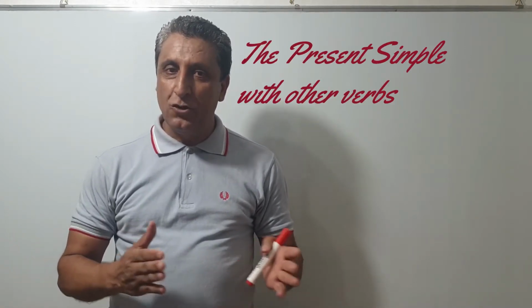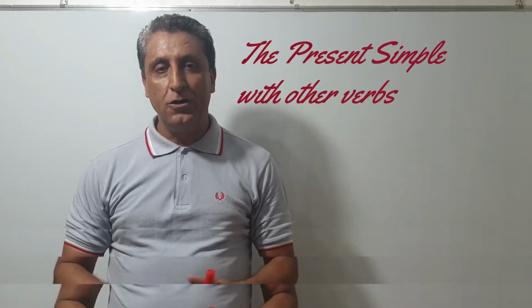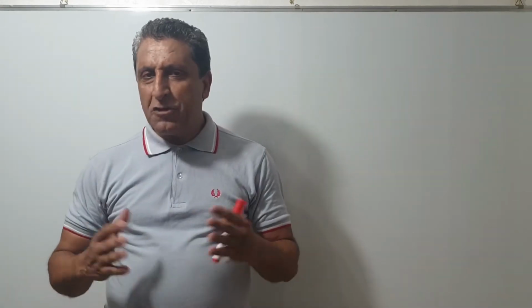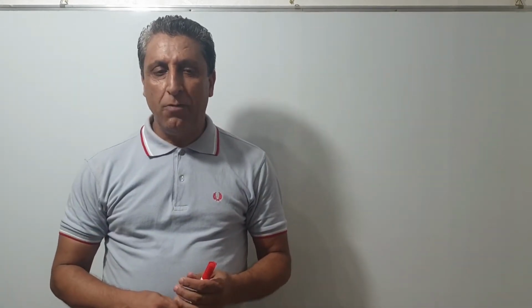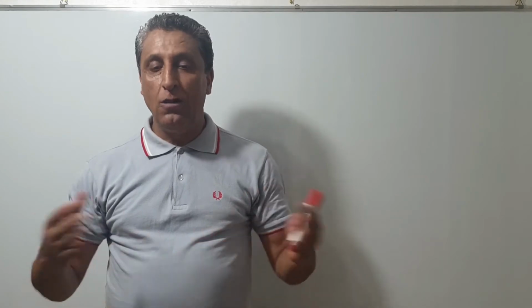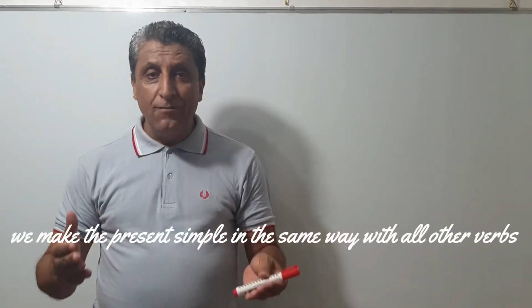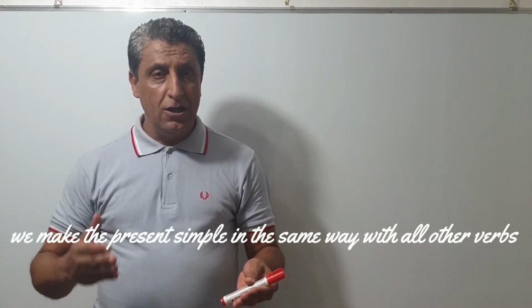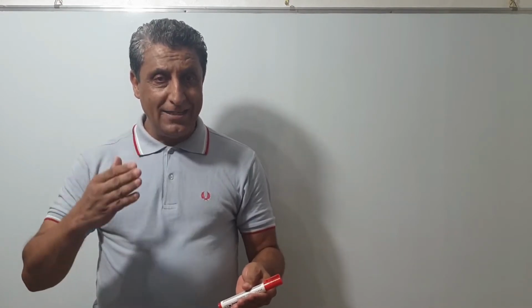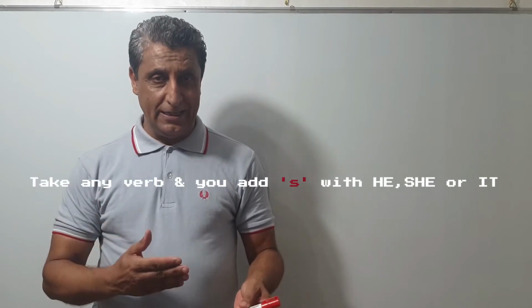Hi, we already talked about the present simple with the verb to be. Now let's see how to form the present simple with other verbs. Today it's not with the verb to be, it's with other verbs. Very simply, we make the present simple in the same way with all other verbs, which means you take any verb and you add s to he, she, it.